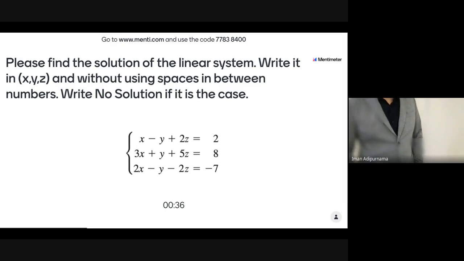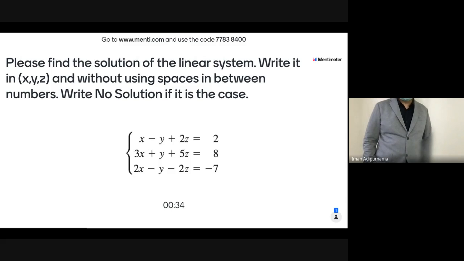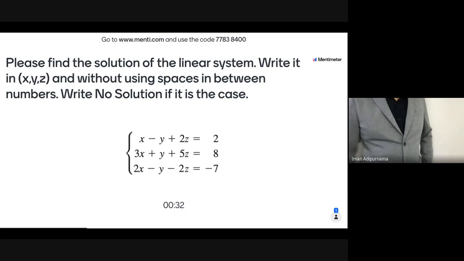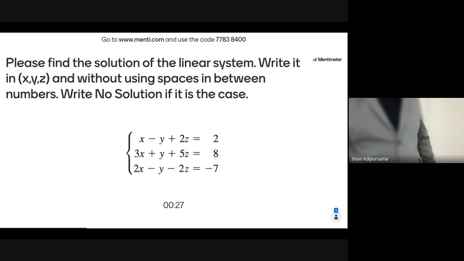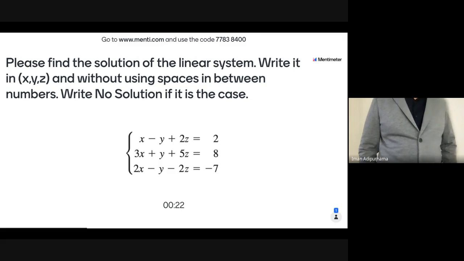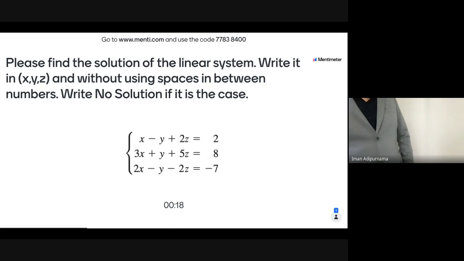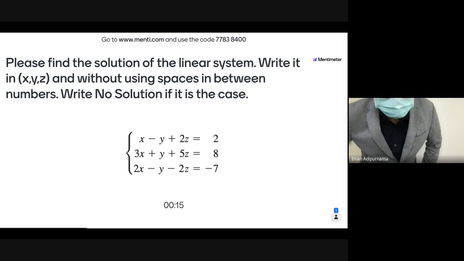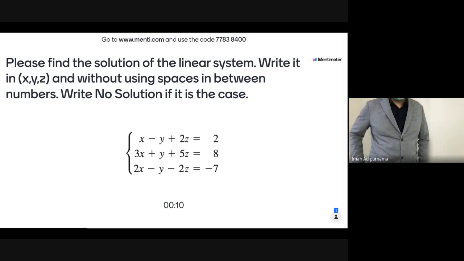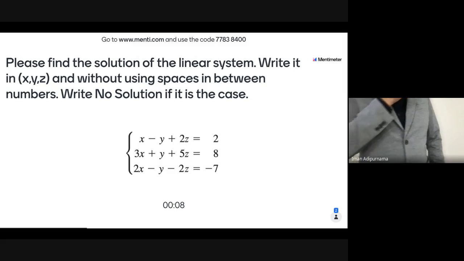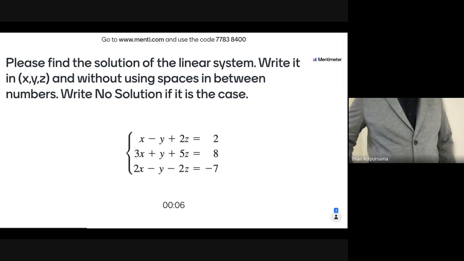If not, that's okay. Okay, 30 seconds. 25. 20. 15, 10, okay, 5, 3, 2, 1.